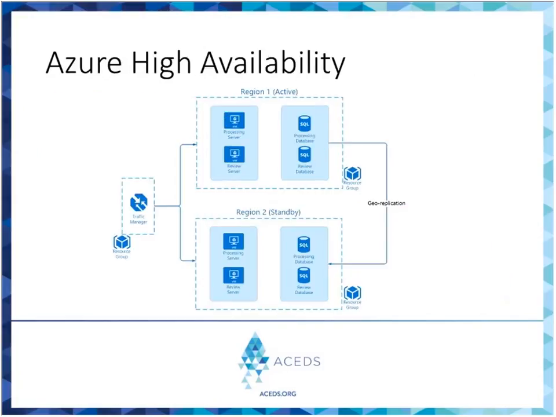What we can also do in Azure is create a high availability environment. Instead of having duplicate servers on premises, we can create a system, for instance, in region 1, where there's an active environment, and then we use something we call geo-replication, so that in region 2, which can be in another state, or maybe in another country if you want, there is a full standby system which is ready to start processing as soon as something goes wrong in region 1, the active region.